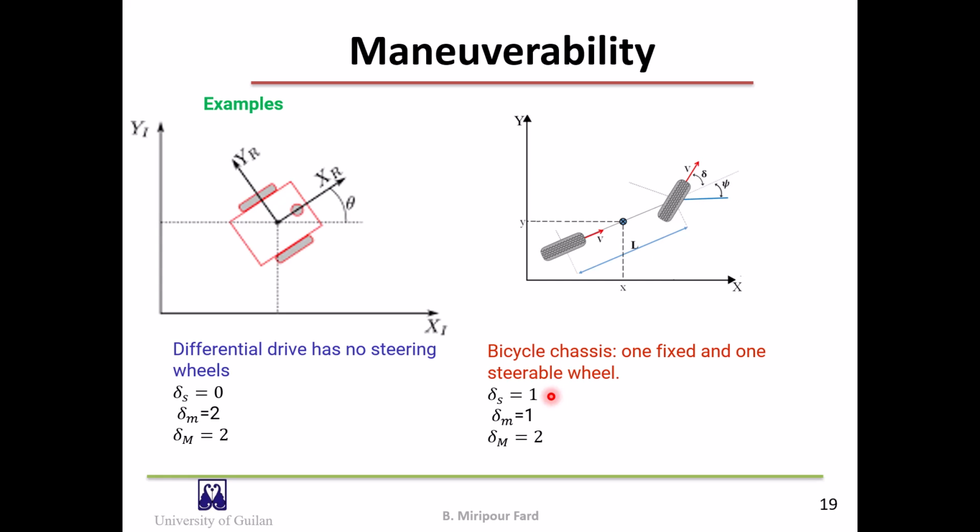Let's compare the degree of maneuverability with the number of DOF, the degrees of freedom, in the environment. As you know, the degrees of freedom of both robots are 3, and the degree of maneuverability of a diff drive robot is 2.